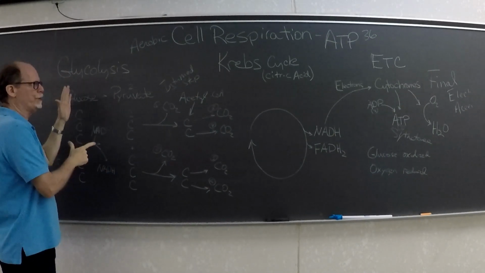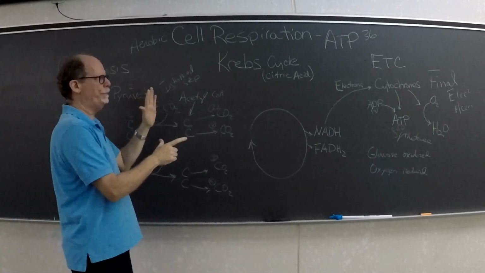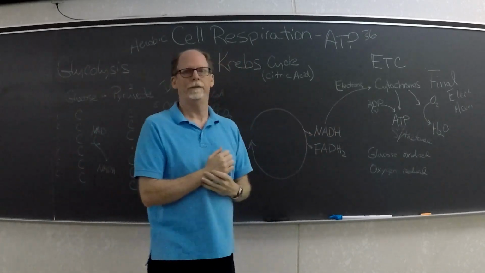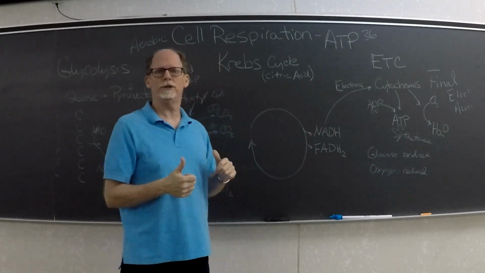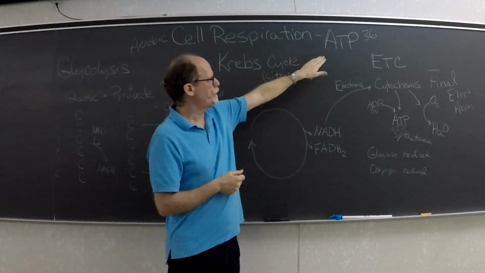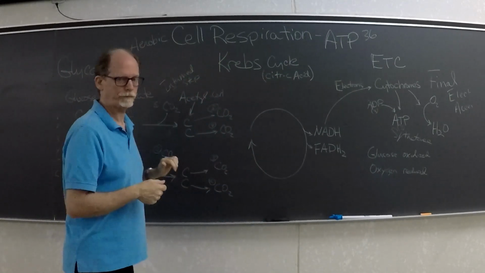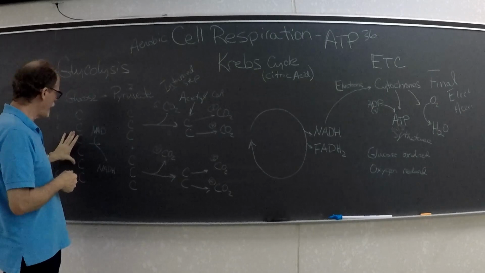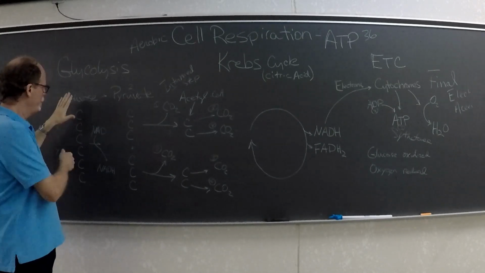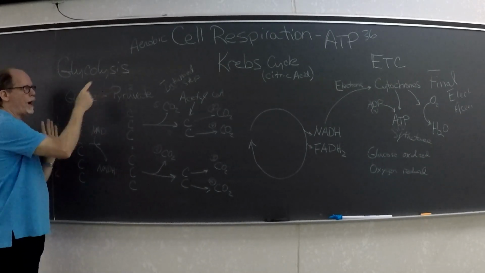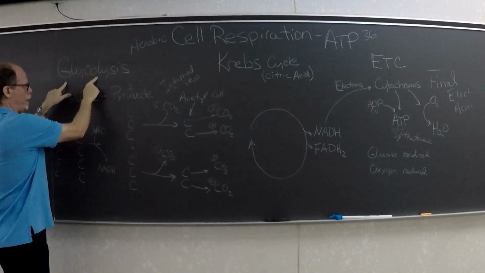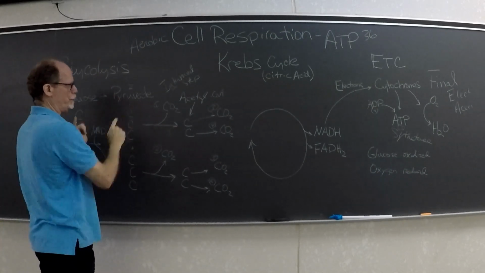So the big picture, these are the three main parts for aerobic cell respiration. The purpose of it is to make ATP. To make ATP, we oxidize the carbon in glucose. Glucose is required. Glycolysis converts glucose to pyruvate.